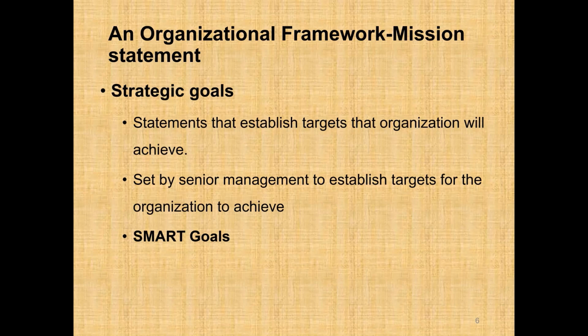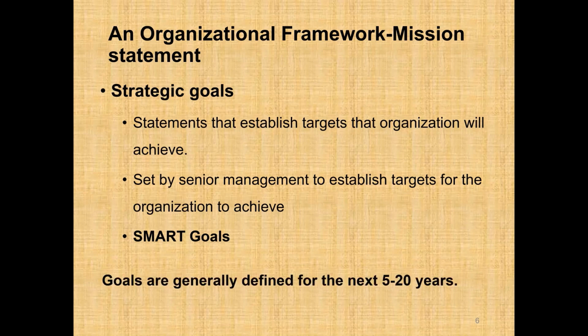So strategic objectives or strategic goals should be realistic, attainable, time-bound, and specific. In terms of organizational literature, SMART goals or strategic goals need to span 5 to 20 years.